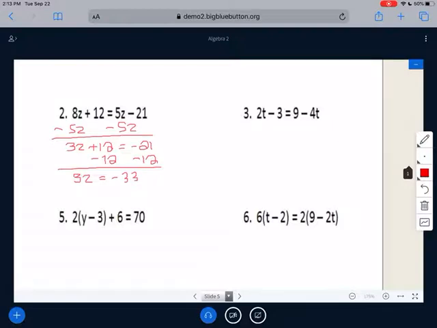So we get 3z equals negative 33. Divide by 3. And we get c equals negative 11.